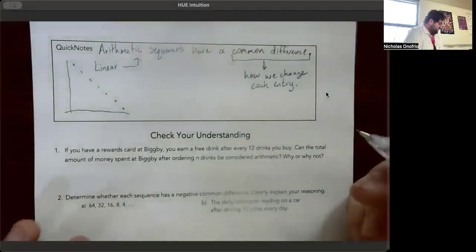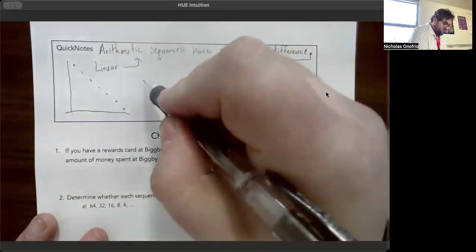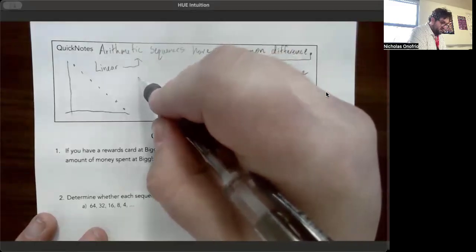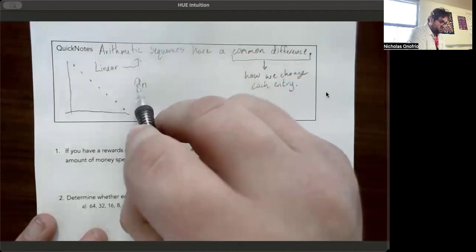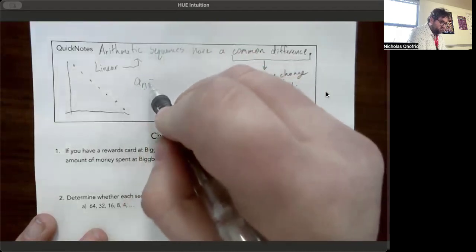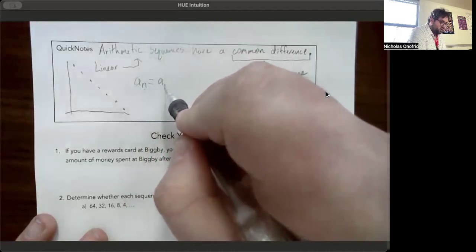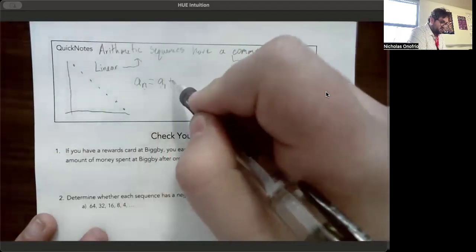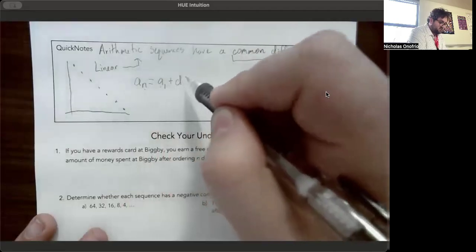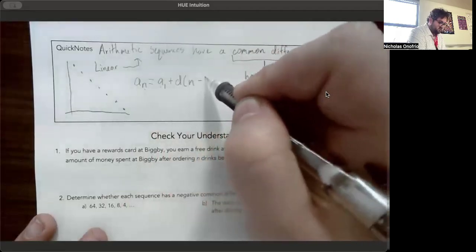And we can write a formula in the form a_n, the arithmetic sequence nth term, is equal to a_1, the first term, plus my common difference times n minus 1.